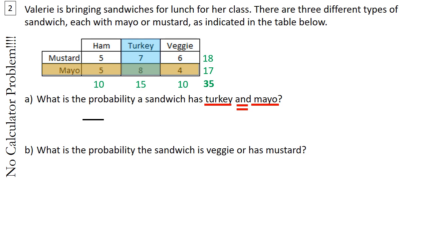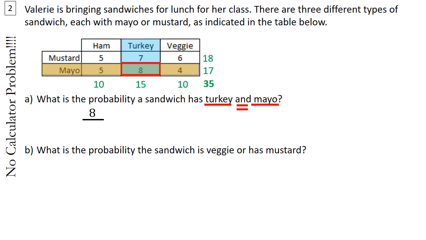Now, and does often mean multiply, but not in this case, because when you're working from a two-way table, we're not multiplying, we're just finding where those two things overlap. Where is it turkey and mayo? There's just 8 of those right there. So 8 sandwiches that are going to make me happy, that's what goes on top. How many sandwiches could there be?